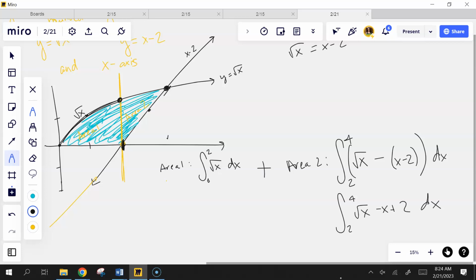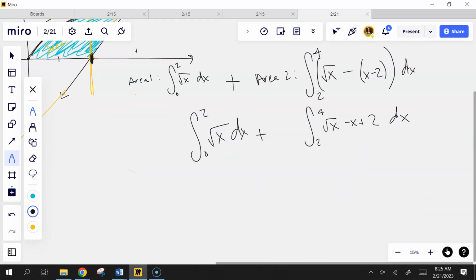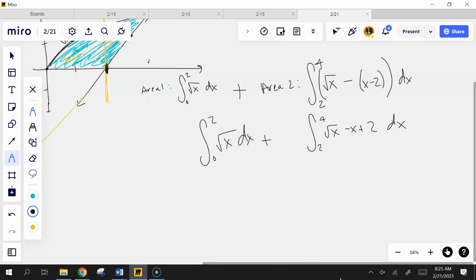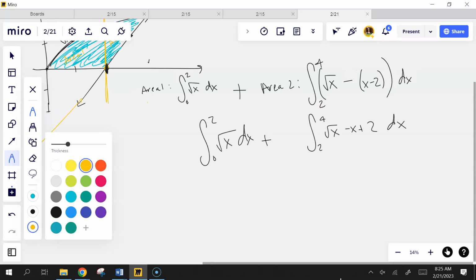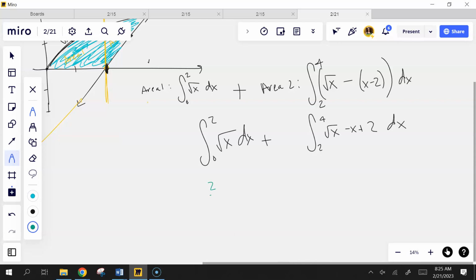And what I'm going to do is just add these two areas together. Well, let's do it. Antiderivative of square root of x is what? There you go. Evaluated from 0 to 2.